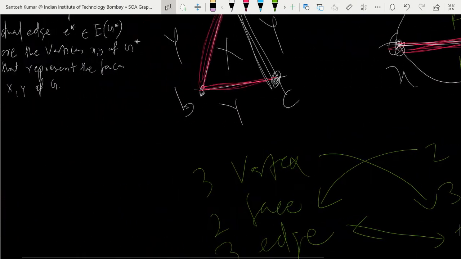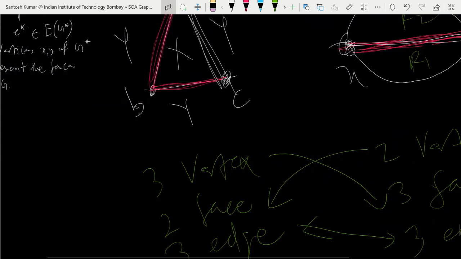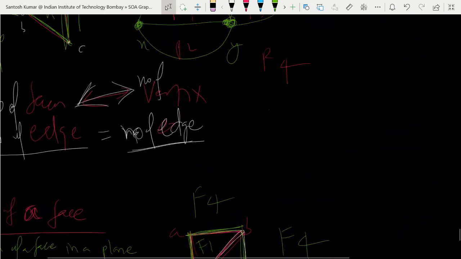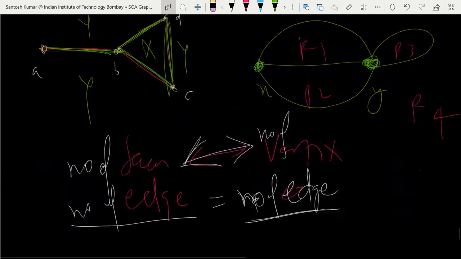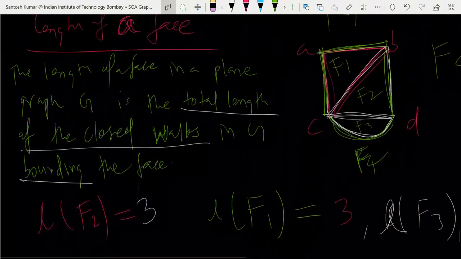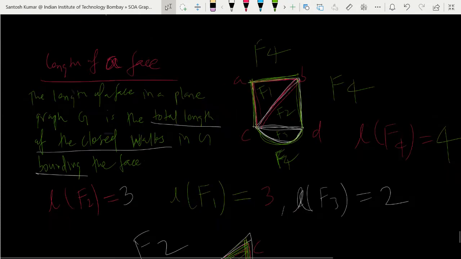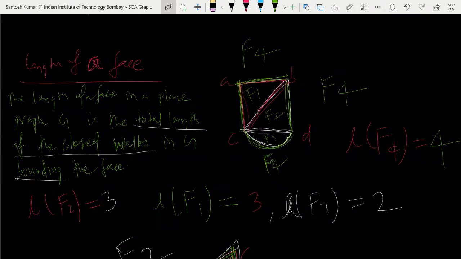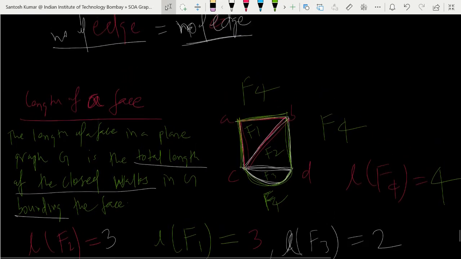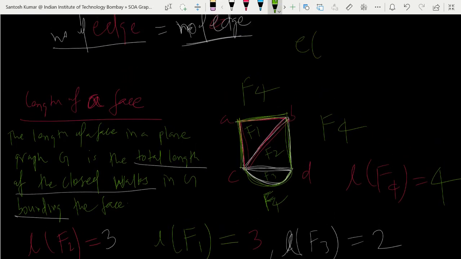We are finding the length of a face, so we'll start from that. This was the dual concept, length of a face. So see in this graph, you notice the number of edges. How many edges do you see?